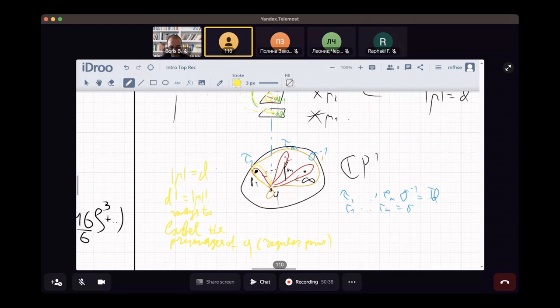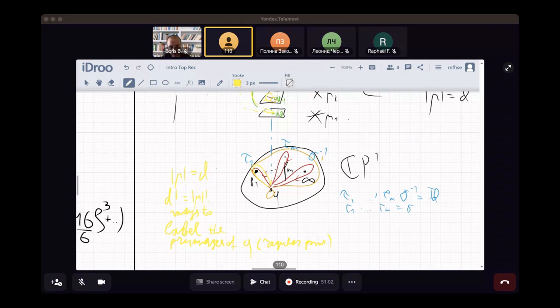So each automorphism corresponds to some permutation of the labels, but not every permutation corresponds to some automorphism. This we discussed last week.